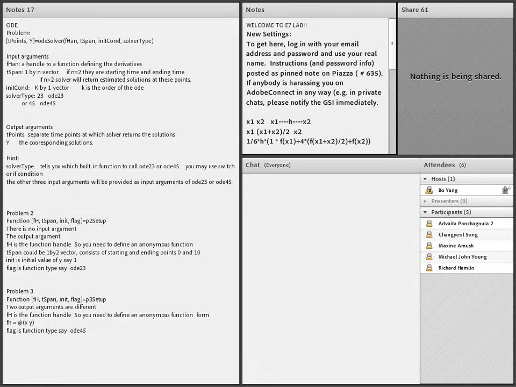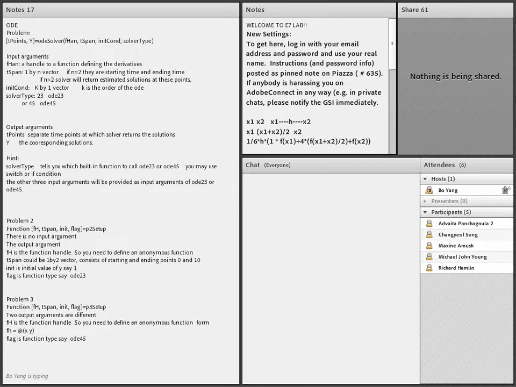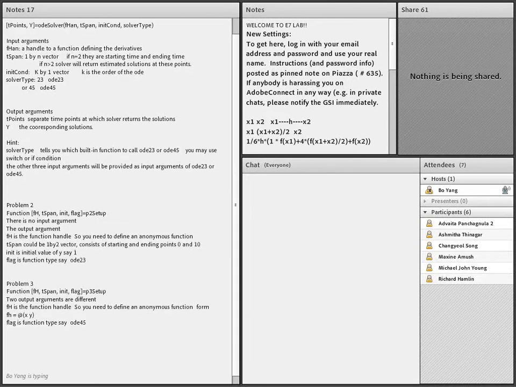The expression is about x, and in this problem 3, it is about y. And in problem 3, you are asked to use ODE 45 to solve this problem.